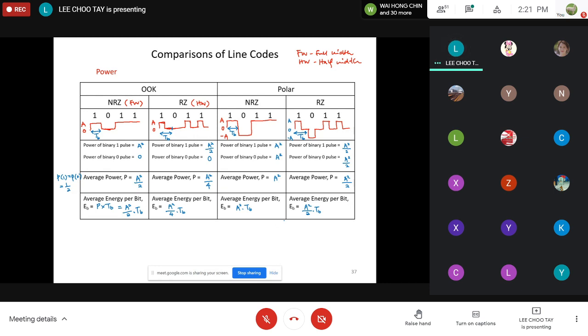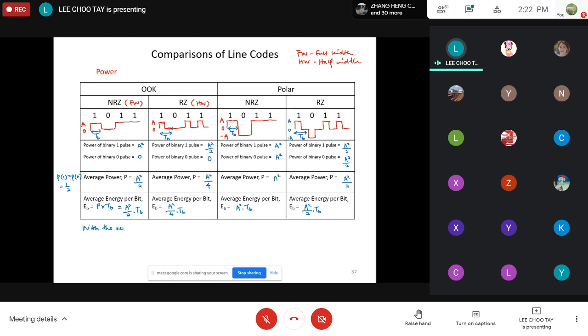Okay, so let's compare these four methods. If we transmit all of them with the same amplitude, which one generates more power? The polar non-return to zero, isn't it? So let's do a short conclusion here.